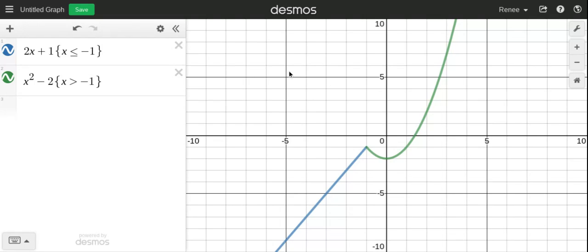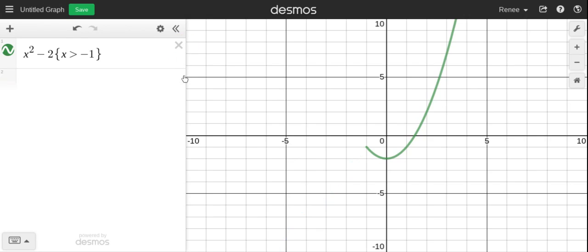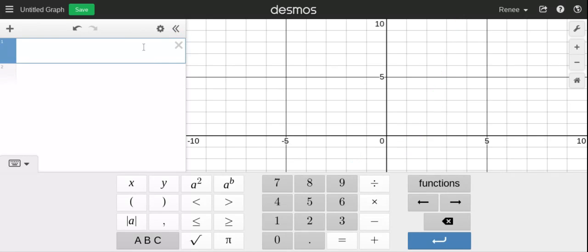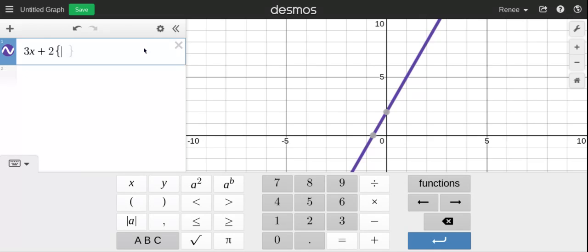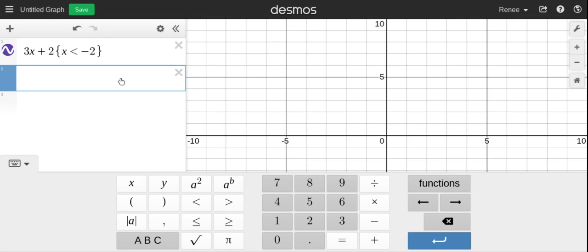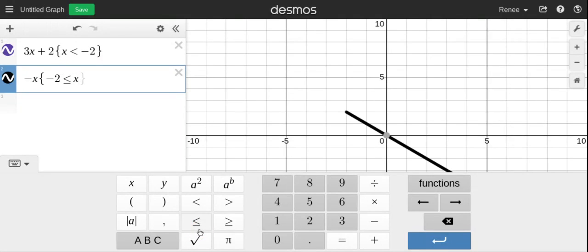All right, here come the more difficult ones. So example number 5 was 3x plus 2 with your curly braces, x less than -2. Then you just had negative x from -2 less than or equal to x less than 1.